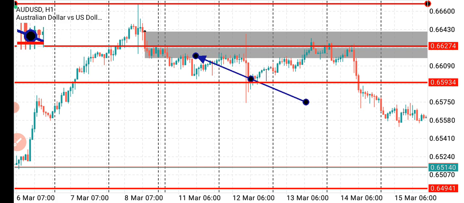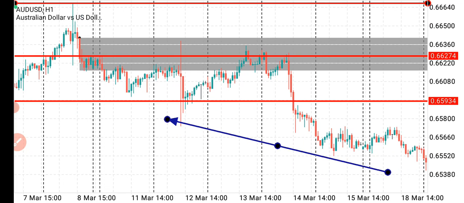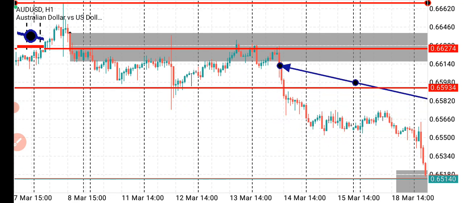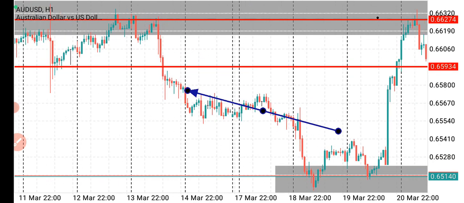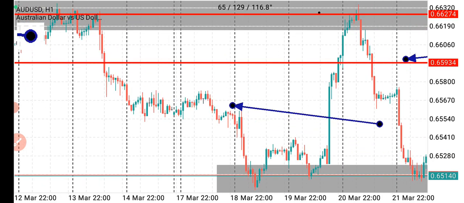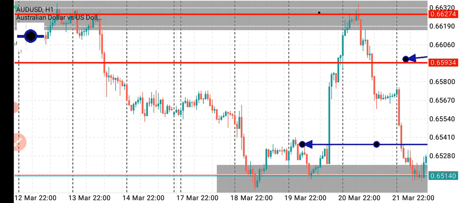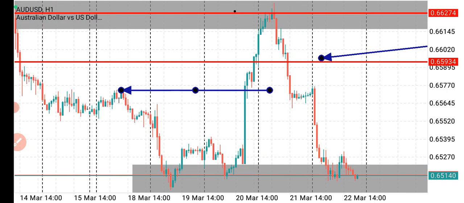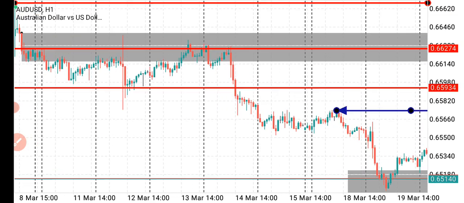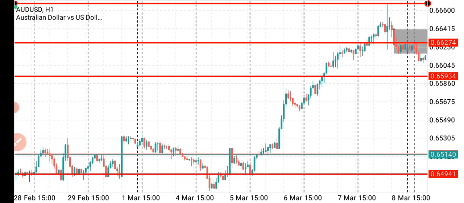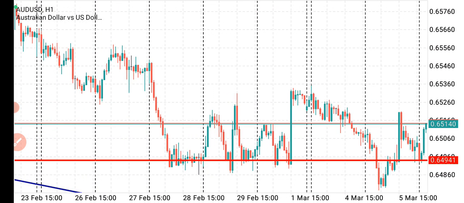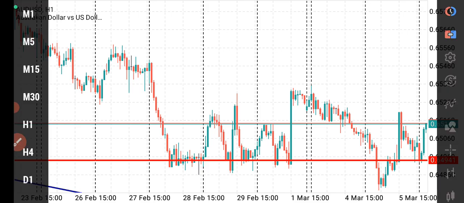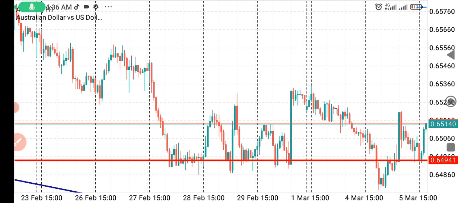It has been holding price for how many days? 1, 2, 3, 4. And then finally price got resisted and hit this support, went back to the resistance, and then price returned back. So we are basically trying to identify our areas of support and resistance.